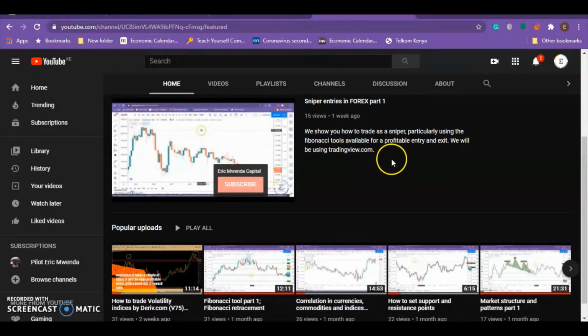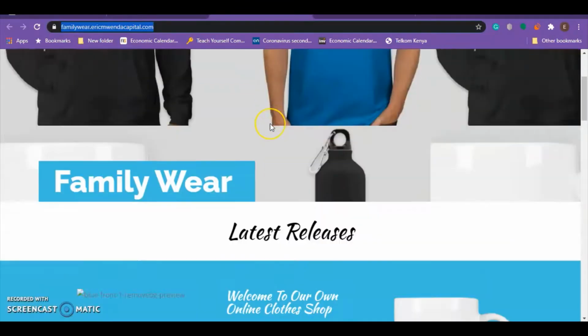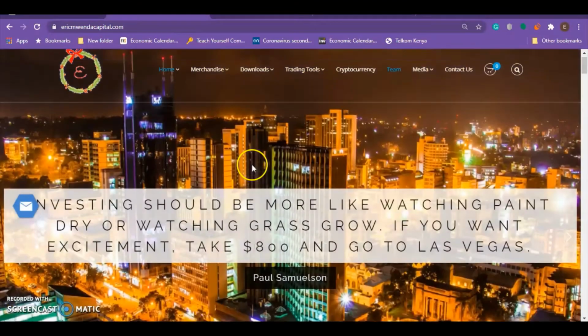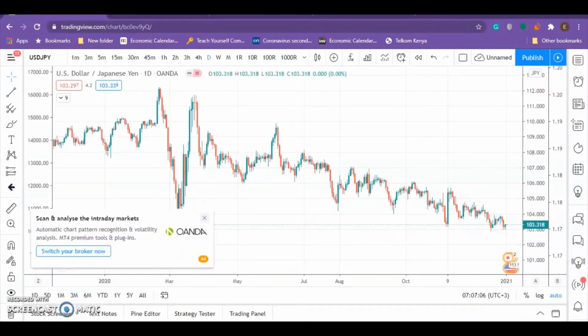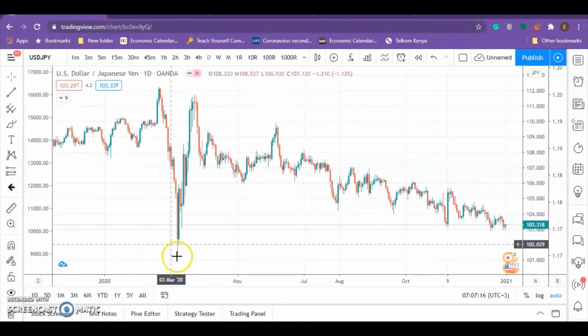Today we are going to talk about using the breakout strategy, and I'll be using the US dollar versus the Japanese yen, and the website which I'll be using is tradingview.com.